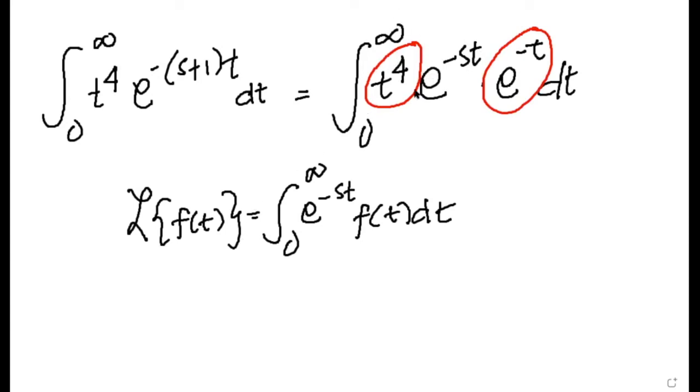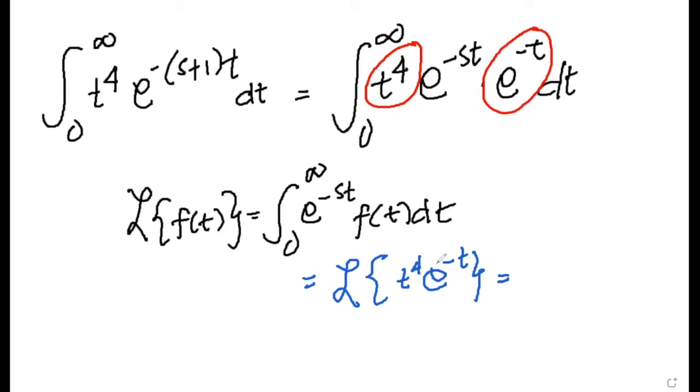Thus, we have this result, Laplace of t raised to 4 times e raised to negative t. So it's okay if you have done integration, since Laplace is an integral transform, or you simply do this method.